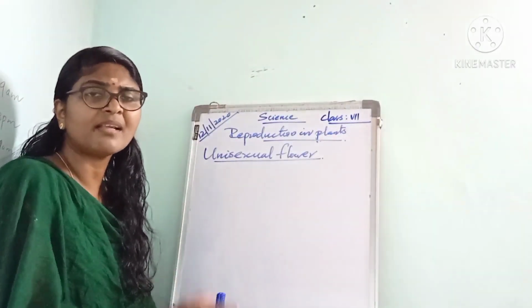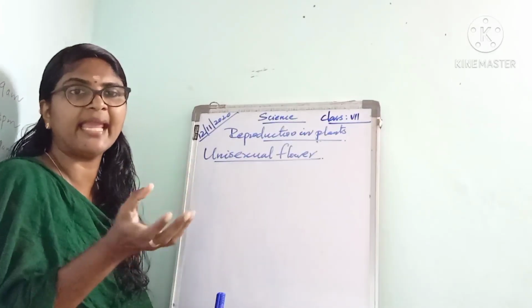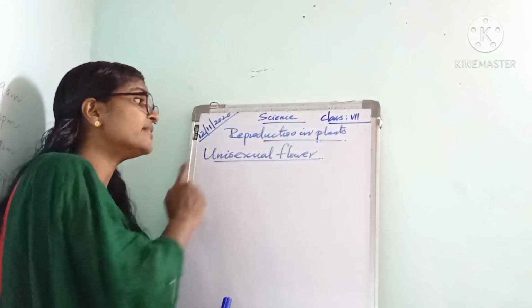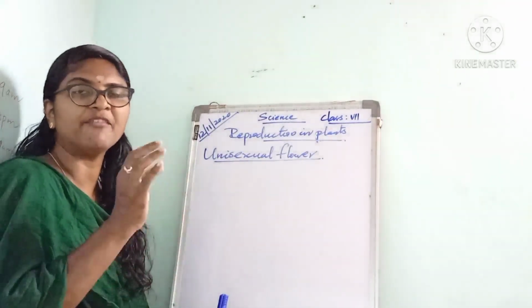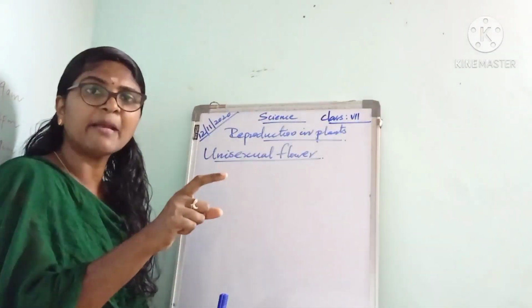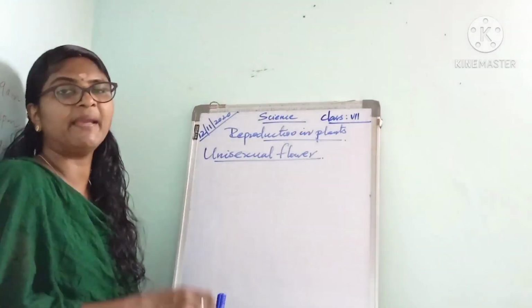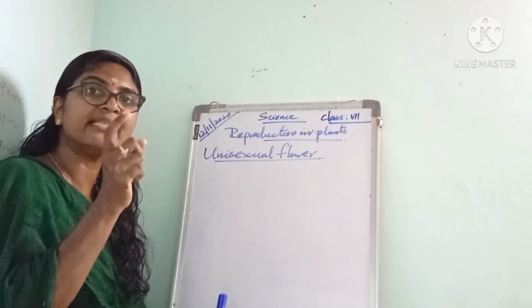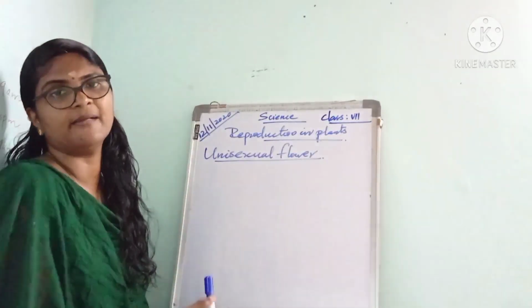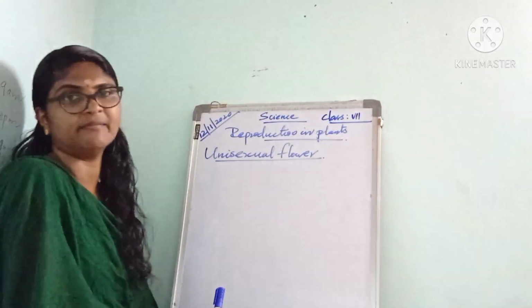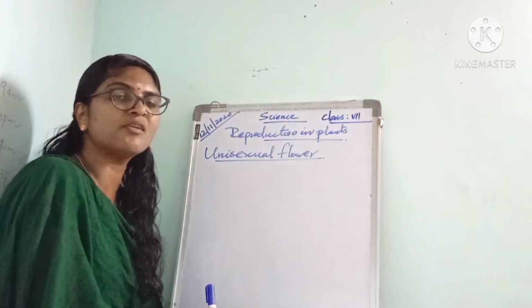Listen. The flowers which contain either the male or female reproductive part, that means either stamen or pistil, are called unisexual flowers. What is meant by unisexual flowers?